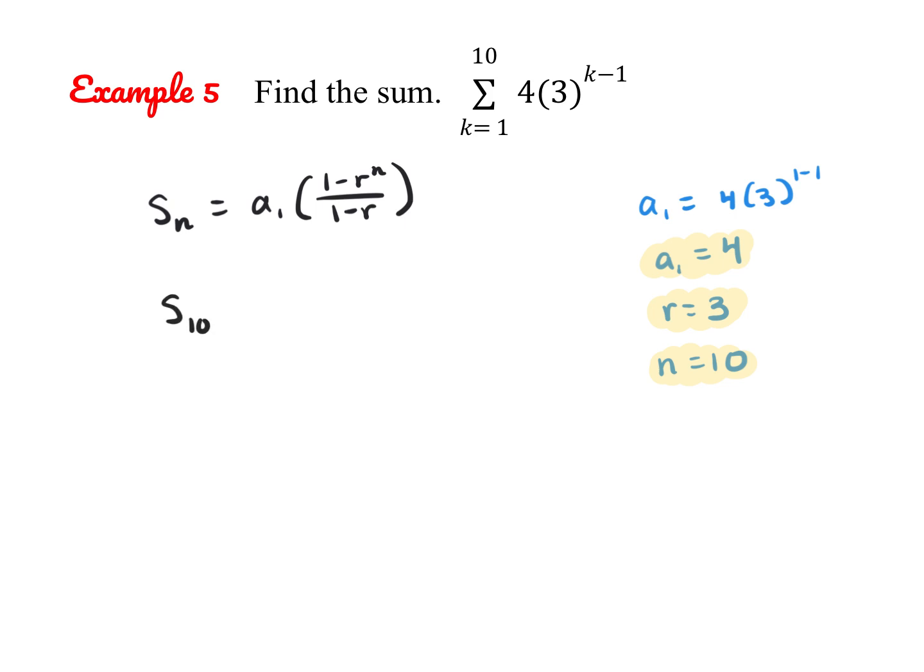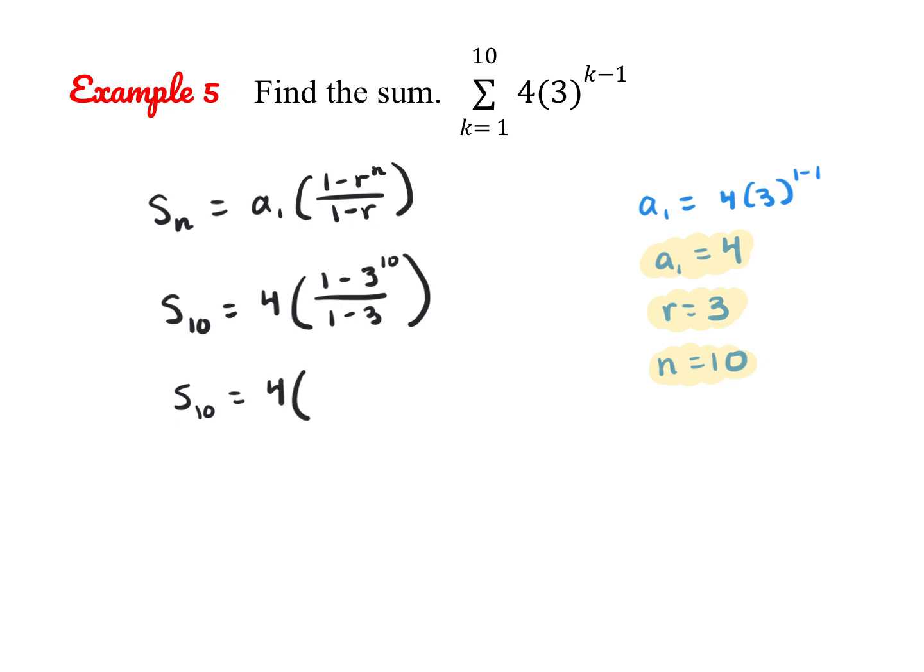So the sum of the first 10 terms is 4 times 1 minus 3 to the power of 10 over 1 minus 3. Here we can use our calculator to help us out.